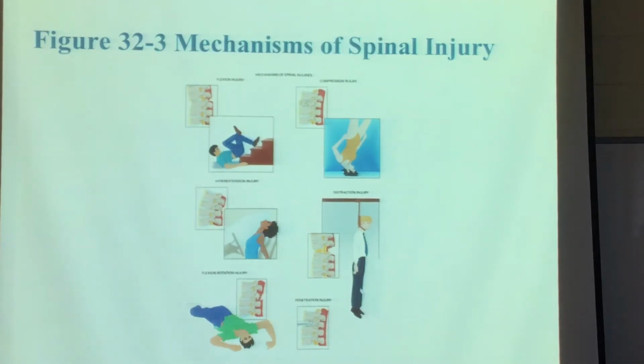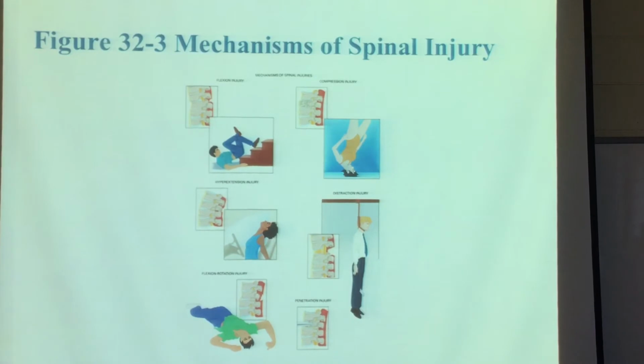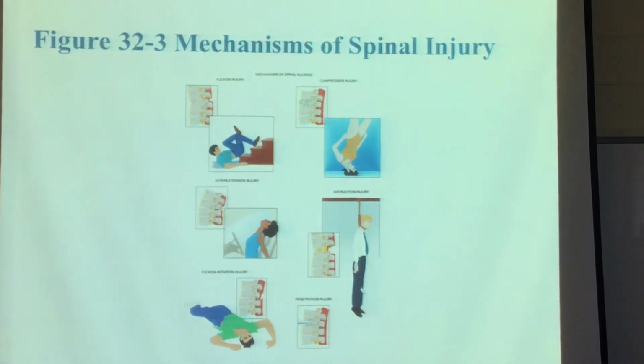These are some mechanisms where we tend to fall, and it shows how we flex, extend, overflex, and separate the spinal column. This separation and overflexing or overbending can traumatize the spinal cord that runs within the vertebral column.